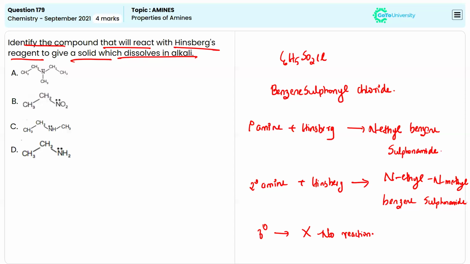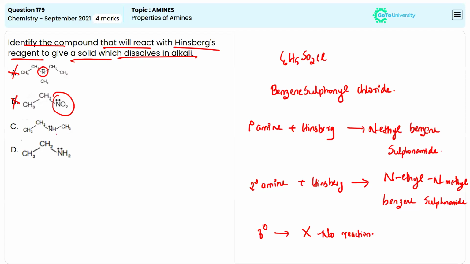So here we have to find out the compound which reacts with Hinsberg reagent to give a solid which dissolves in alkali. So coming to the first option, this is a tertiary amine. So this is not reacting with Hinsberg reagent. So option A is not the correct one. Coming to option B, here we have a nitro compound, not an amine. So nitro compound is also not possible here. Option B is also incorrect.